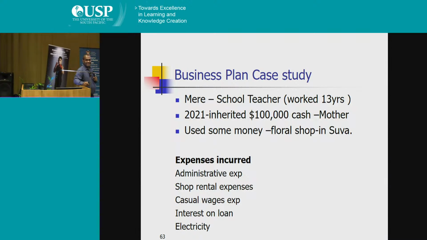And another thing, don't put all your eggs in one basket. Use some, keep some, invest some. So that's expenses. Move on.